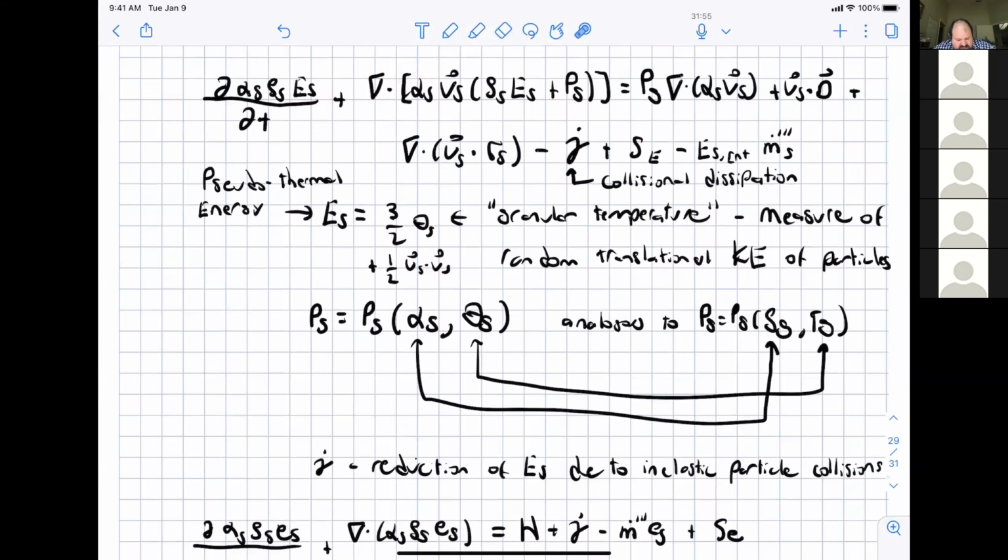Theta s and alpha s are used in an equation of state for the particles to determine the solids pressure, analogous to the gas phase equation of state, where the volume fraction takes the role of density in a gas, since the density of the particles is constant, and the granular temperature takes the role of normal thermodynamic temperature for a gas.